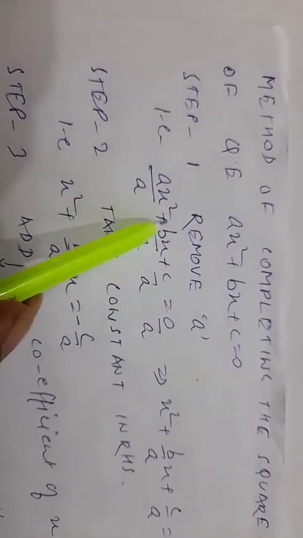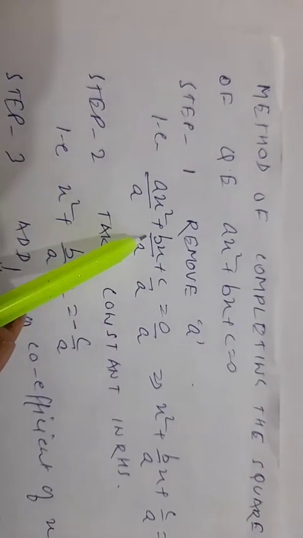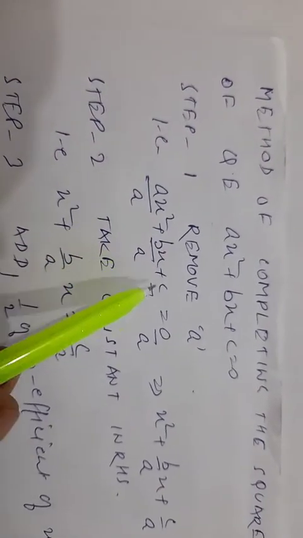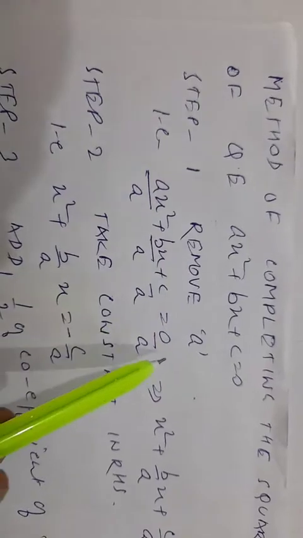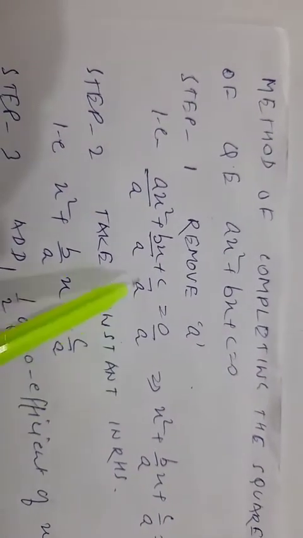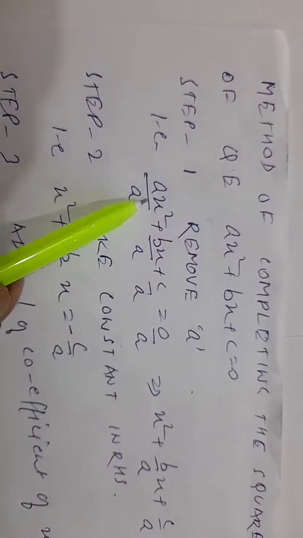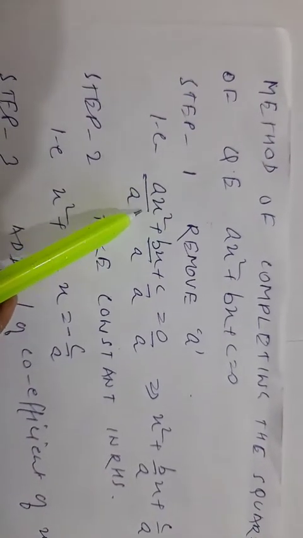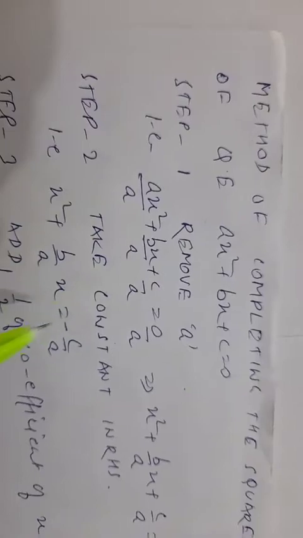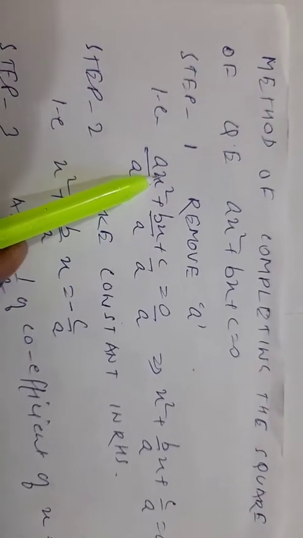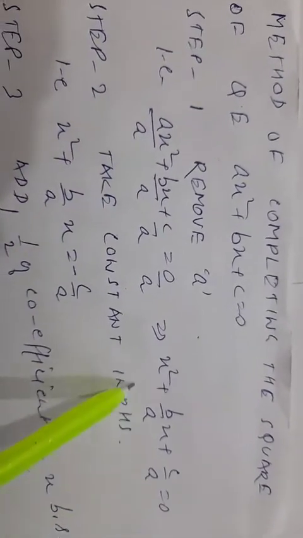So this ax square divided by a, this bx divided by a, c by a is equal to 0 by a. It will give us what? It will give us that the coefficient of x square becomes unity. See over here, when this a and a are cancelled out, what is left? x square.